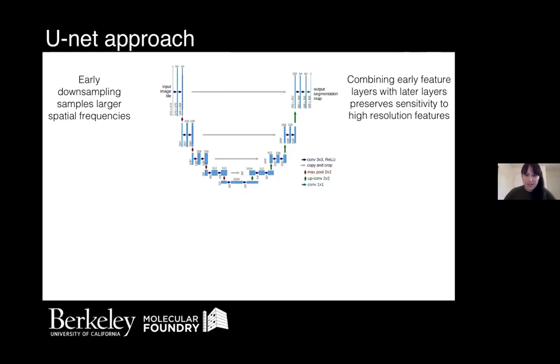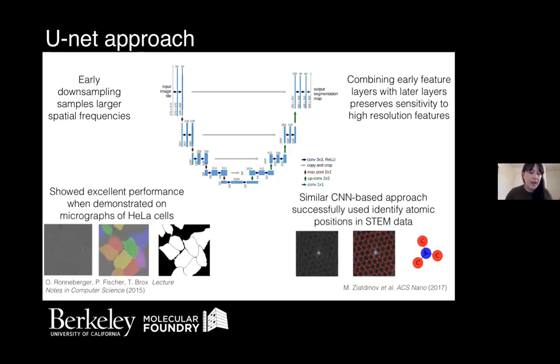This is a strategy that was intended to preserve smaller spatial frequencies, which we felt would be important for our atomic resolution electron microscopy data stream. So this was our design strategy, and we were also motivated by the fact that similar approaches have been used.